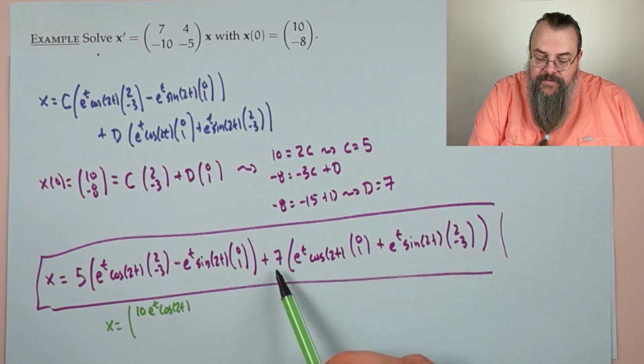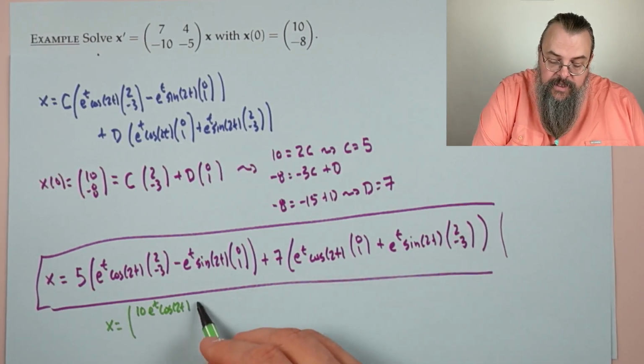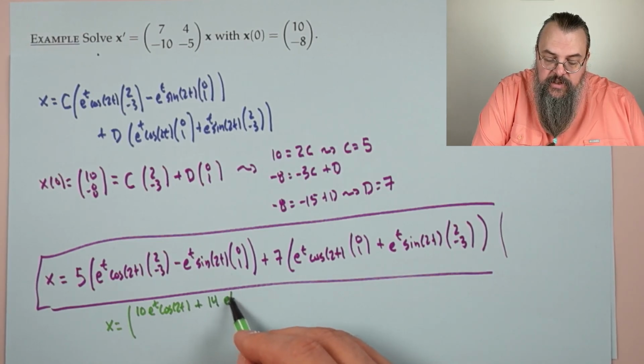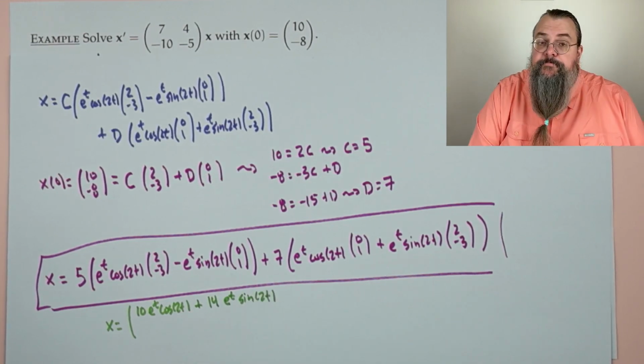And then we have 7 times e to the t sine 2t times 2. Well, that makes a 14 e to the t sine 2t.